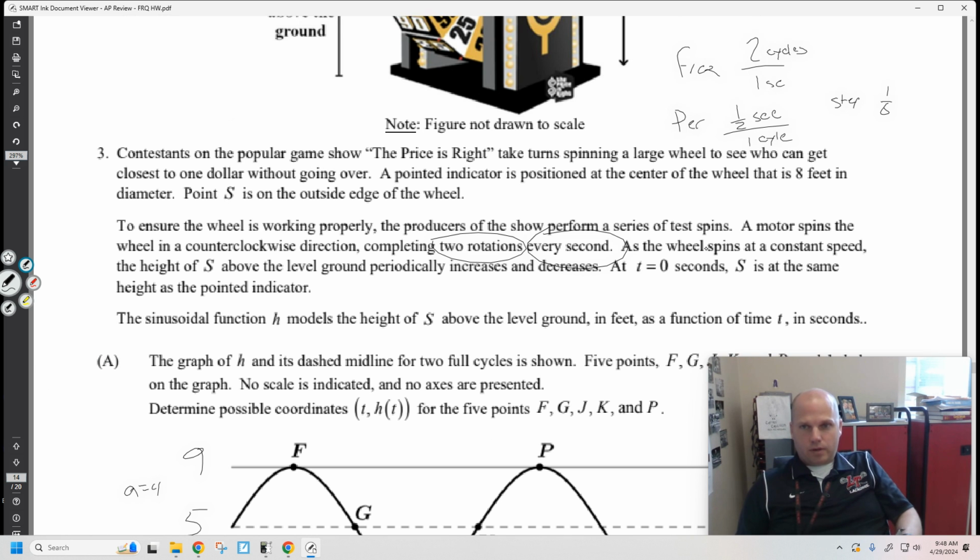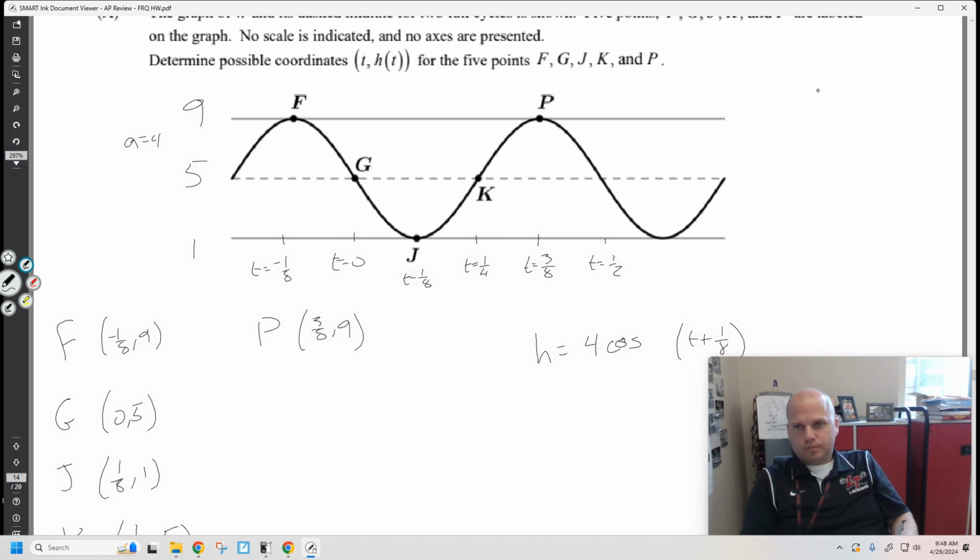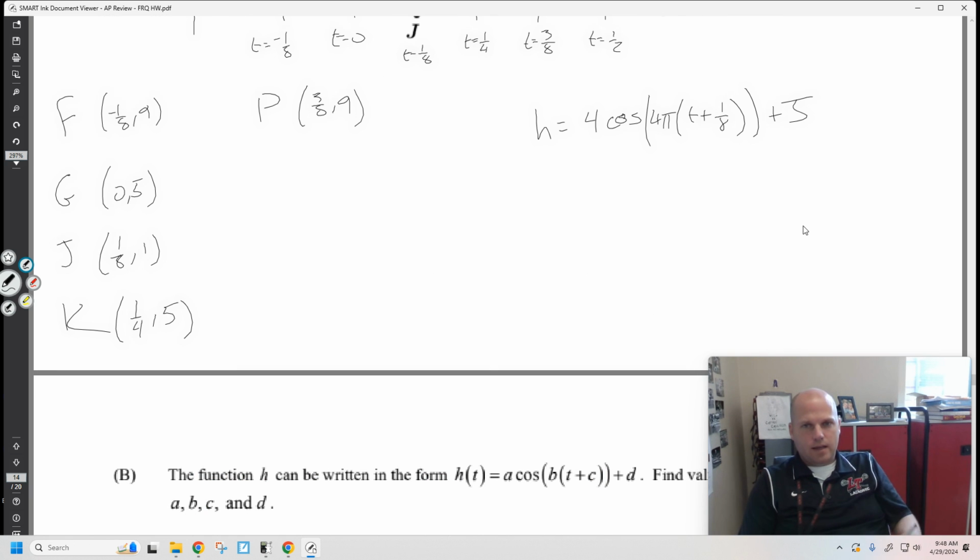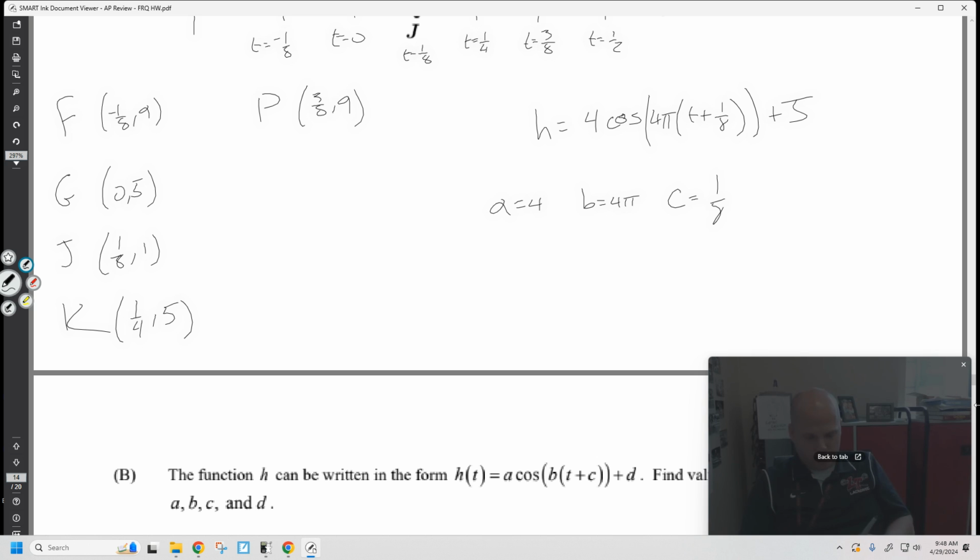I have that period, which is a half. B equals 2 pi over the period, so that's going to be 4 pi. And then my midline is shifted up 5. So there's A, B, C. Make sure you're paying attention to plus C or minus C. Make sure you're paying attention to sine or cosine. And D.